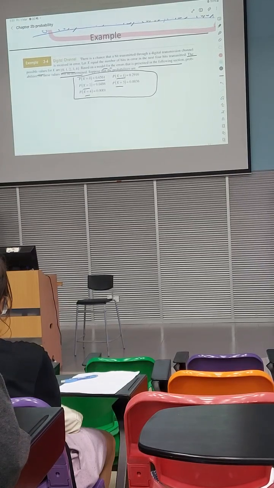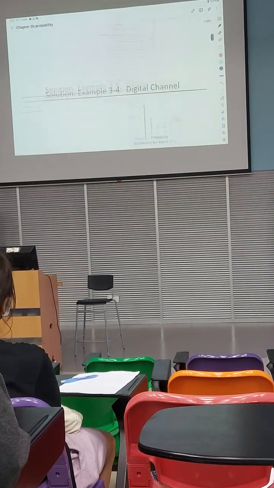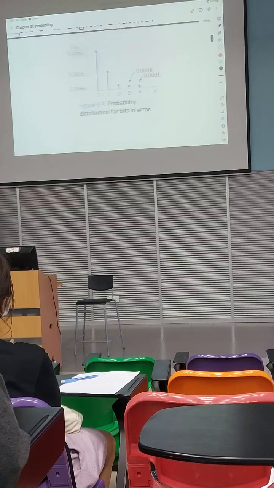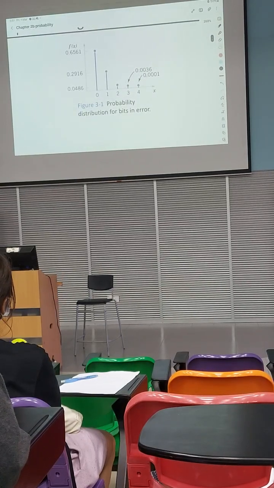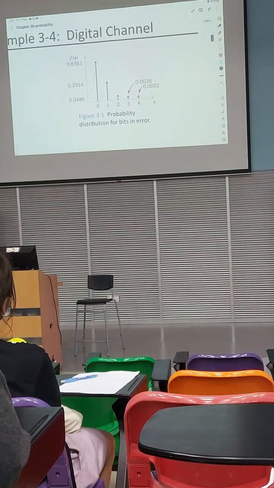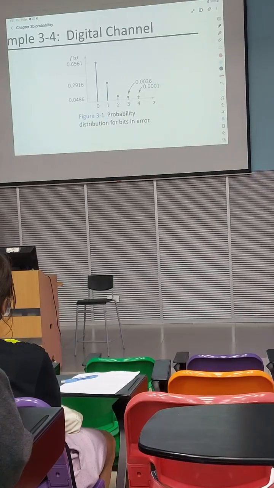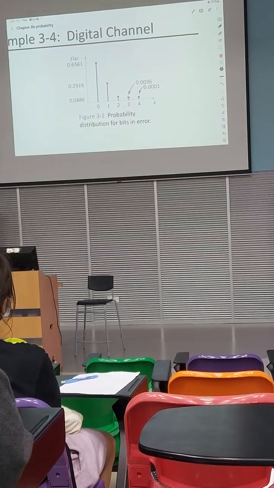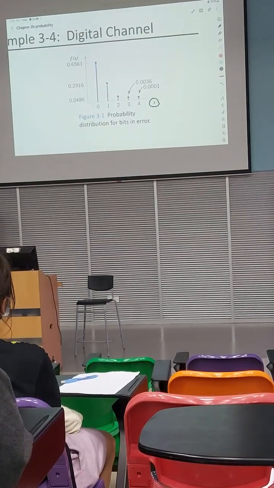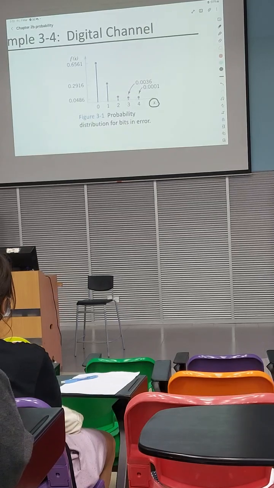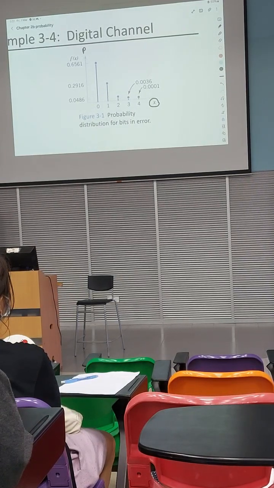In this case, we can plot the graph like this, like what I have mentioned. You can plot in the histogram like this. This indicates the random variable. It could be 0, 1, 2, 3, 4, and then this is the corresponding probability.